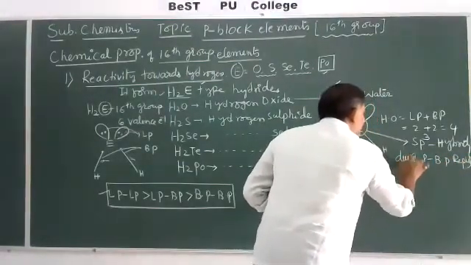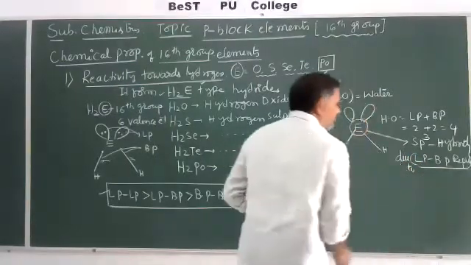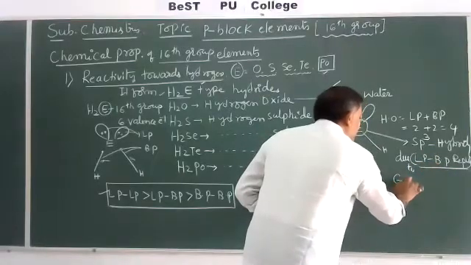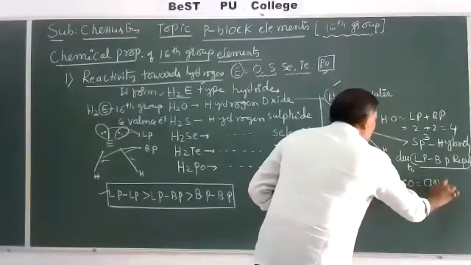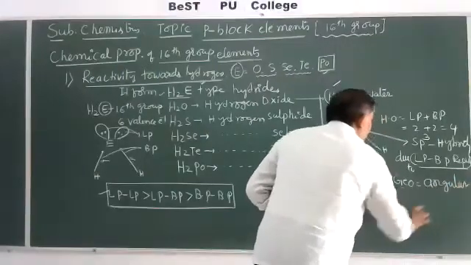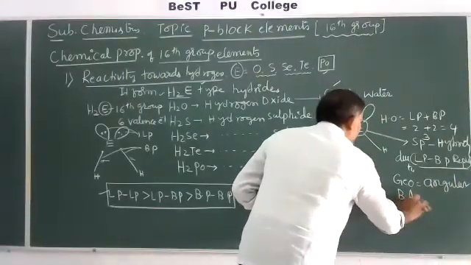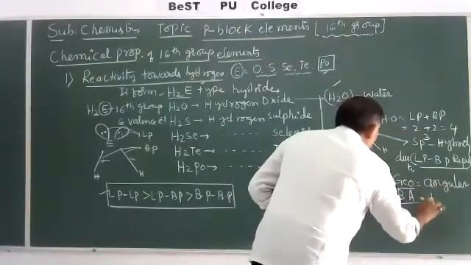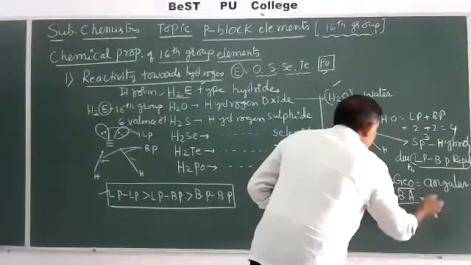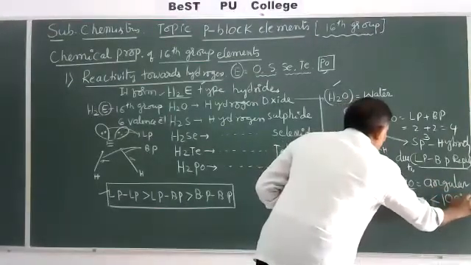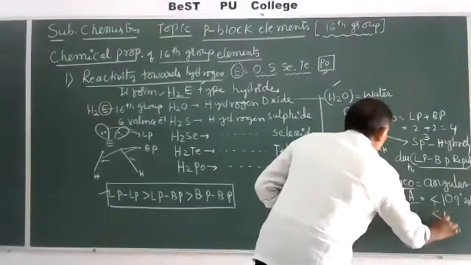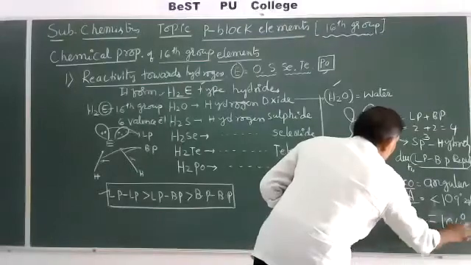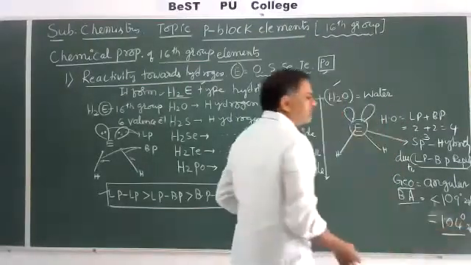Due to these repulsive forces, bond angle and geometry change. The geometry is angular in shape, and the bond angle decreases to less than 109 degrees 28 minutes, commonly 104 degrees.